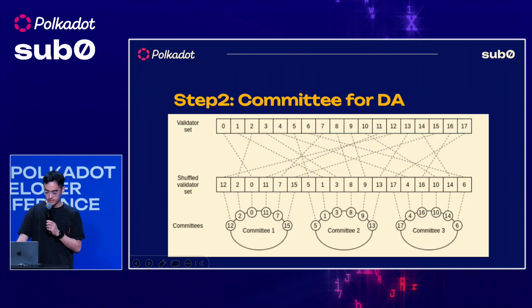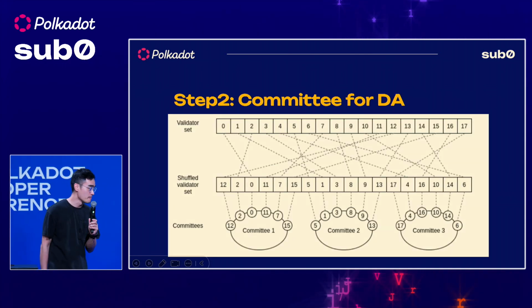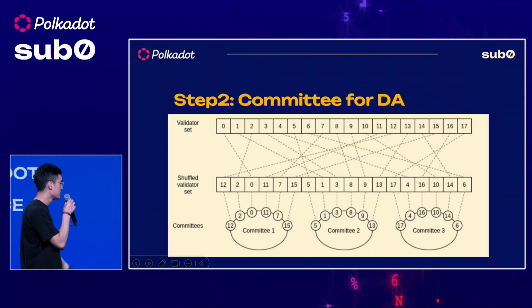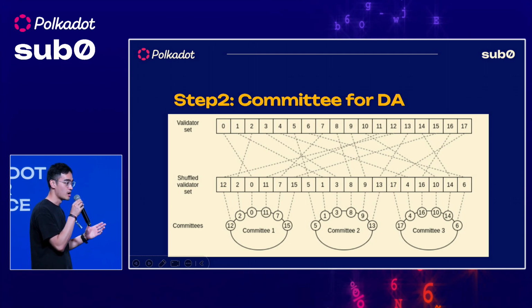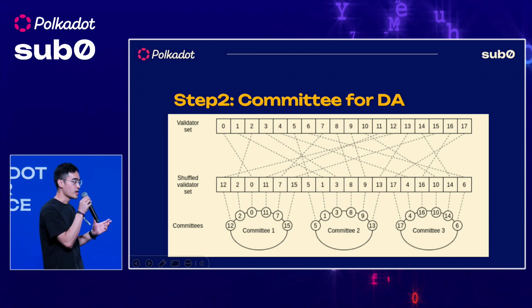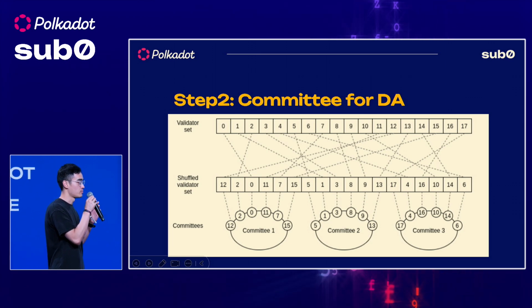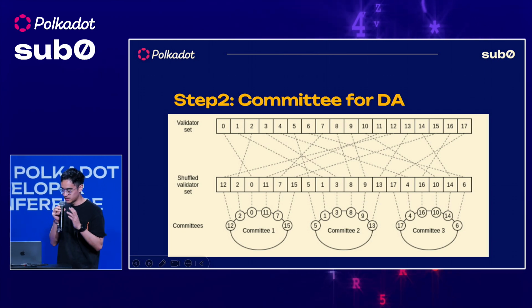And the second step is Ethereum introduces a committee for data availability. This committee basically works like we can randomly select a small group of validators. And we have these validators in charge of processing and verifying blob transactions and the data in the blob.